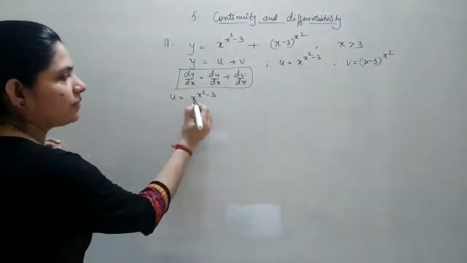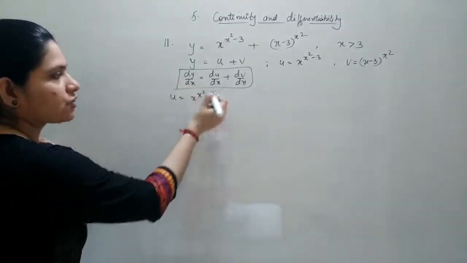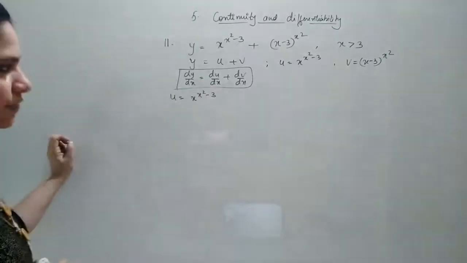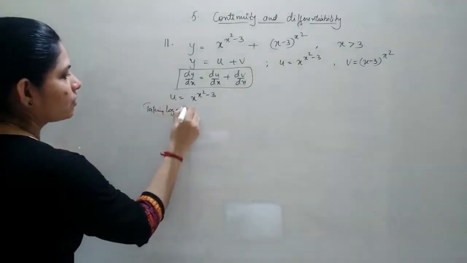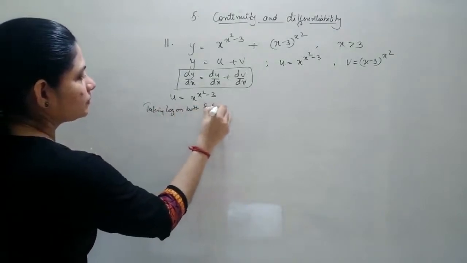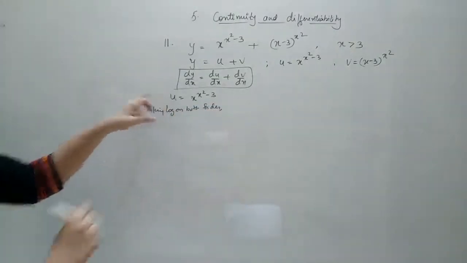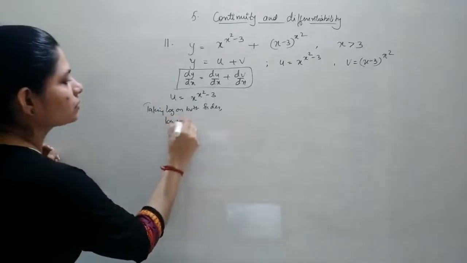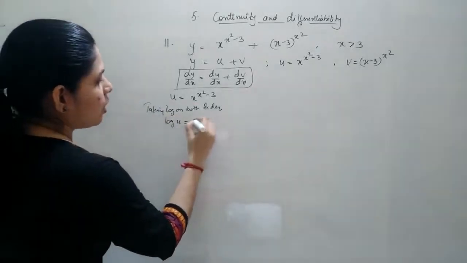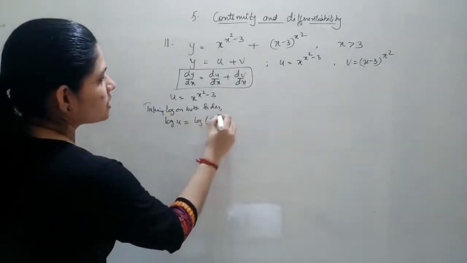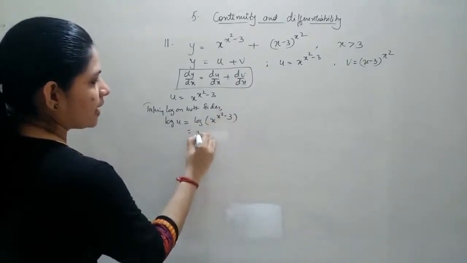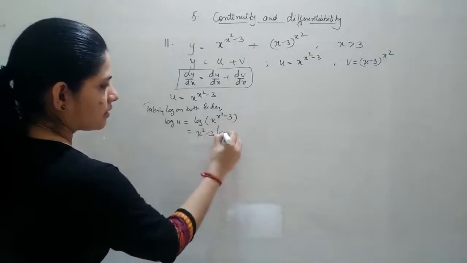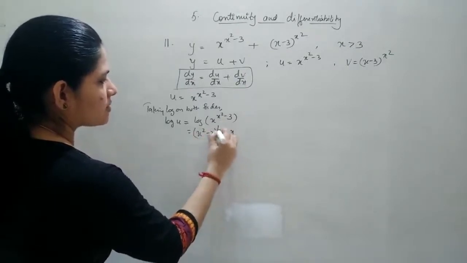Okay, again you have function of x whole raised to function of x. So you can use log, taking log on both sides. What will you get? Log u is equal to log of x raised to x square minus 3 will give you x square minus 3 into log x.